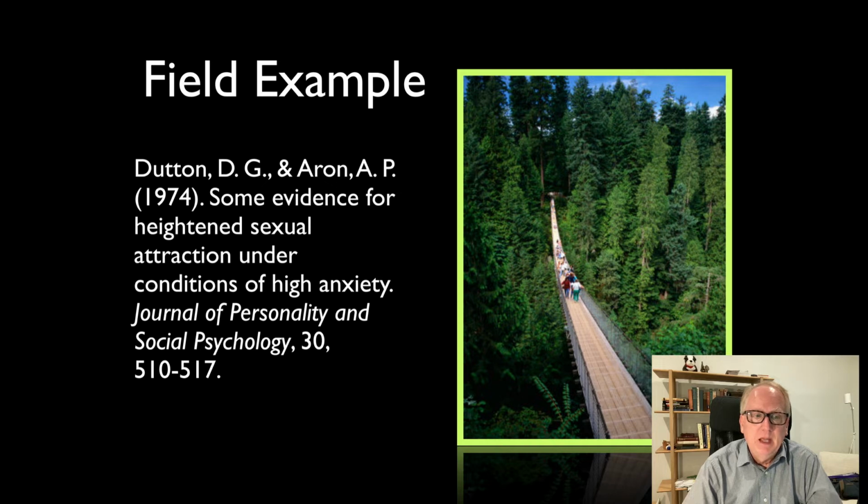The confederate would make contact and ask them to answer a couple of questionnaires. She'd come up and say, "Hi, I'm doing a little survey on creativity. Would you mind answering some questions for me?" And then she gave the participant her phone number and said, "If you have any questions about the study, feel free to call me later."